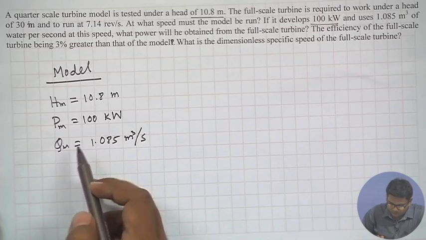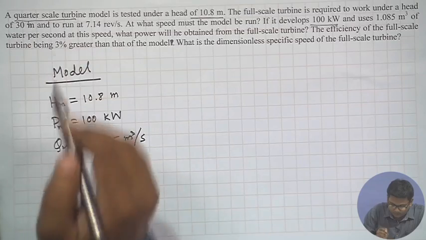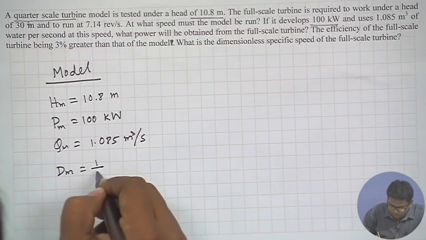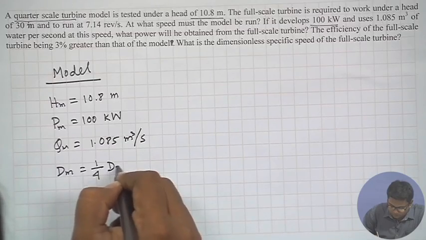And it has been mentioned that the quarter scale turbine model, that means diameter of the model will be 1/4 of the diameter of the prototype.